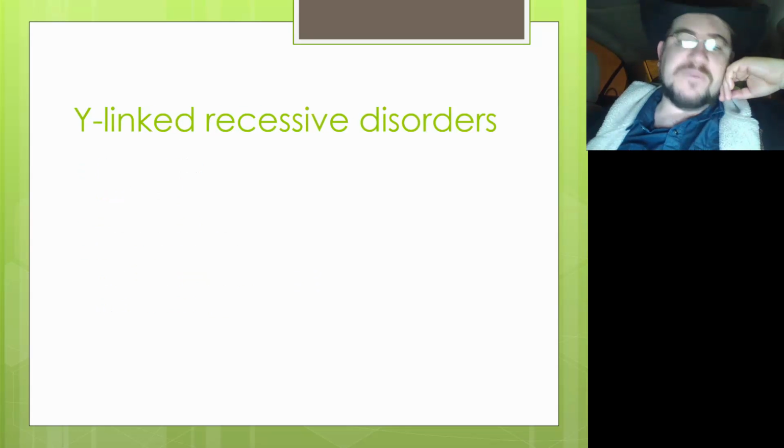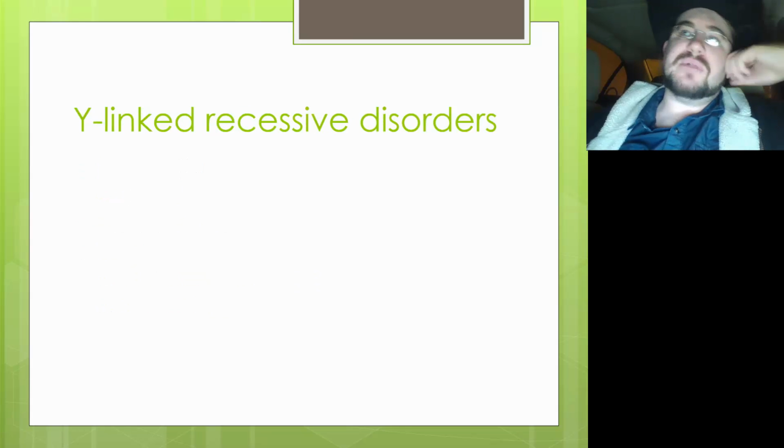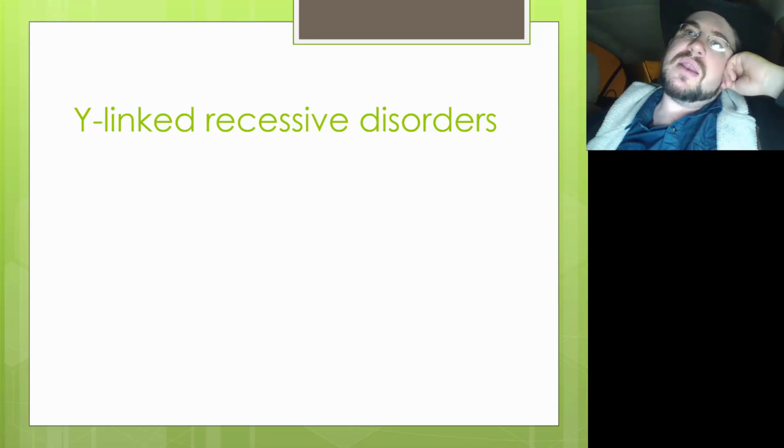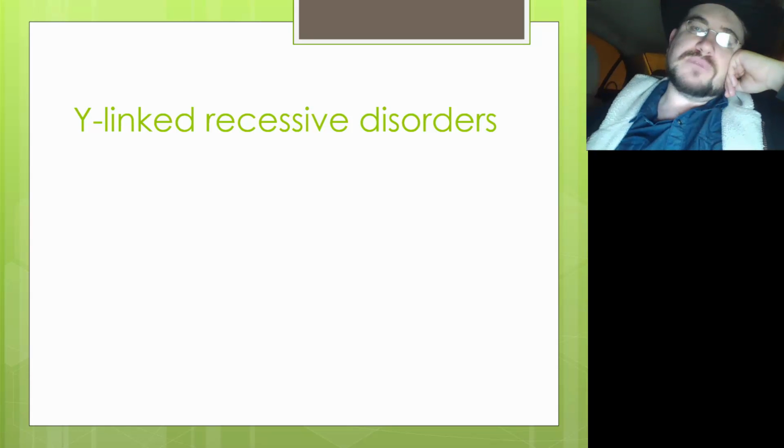The cool thing about hemophilia is that it's fully treatable now. We've isolated the clotting factors that are missing, and we can collect them when people donate blood, and then just transfuse them into people who have hemophilia.